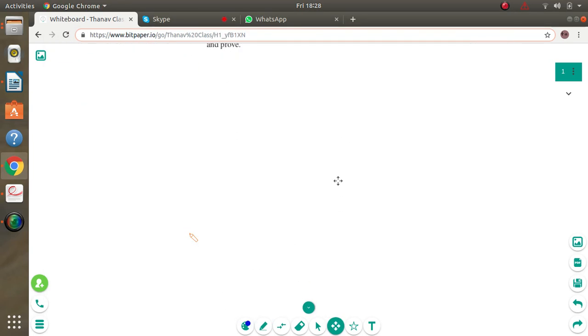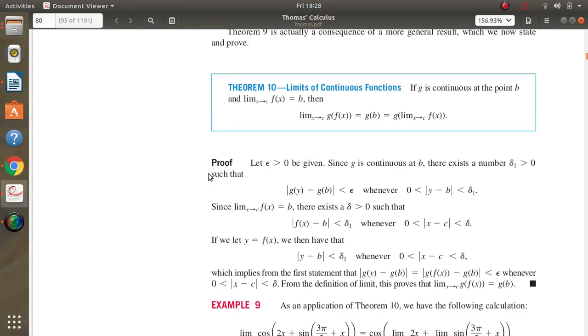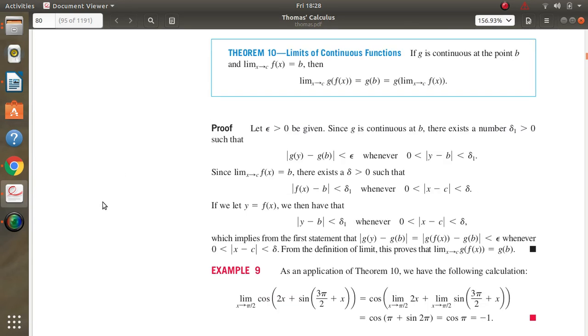Okay, next we have limits of continuous functions. So let's look at this theorem here, theorem 10.